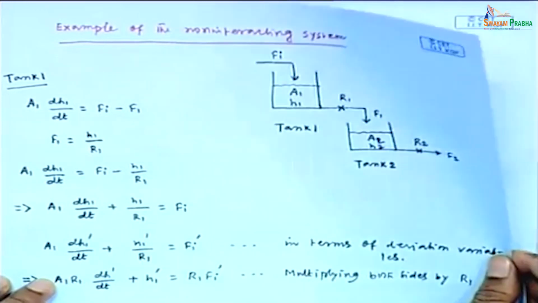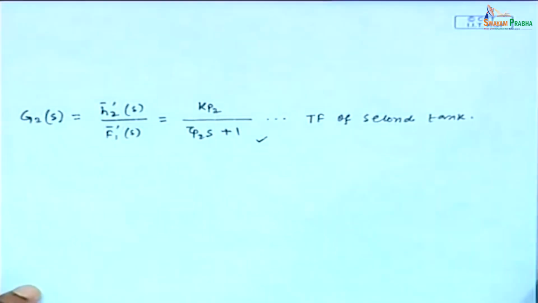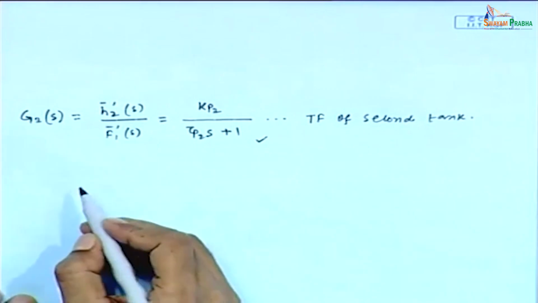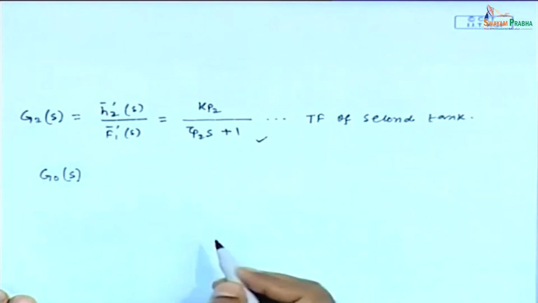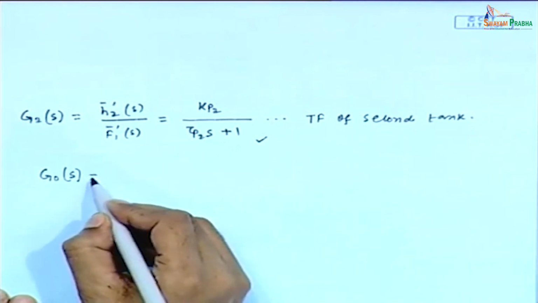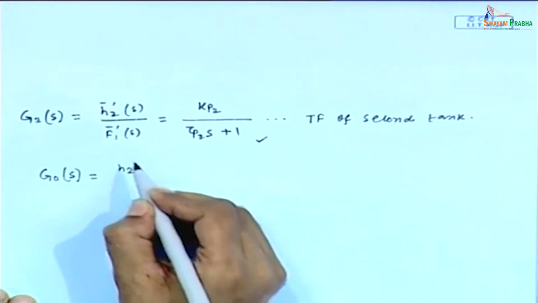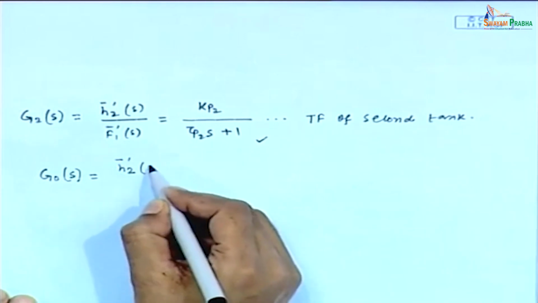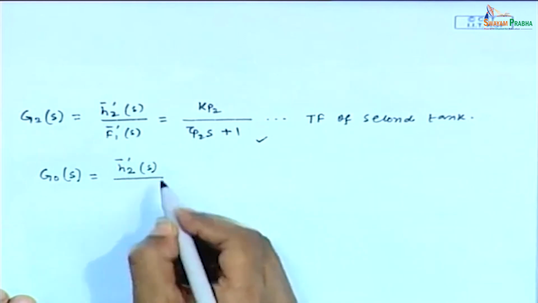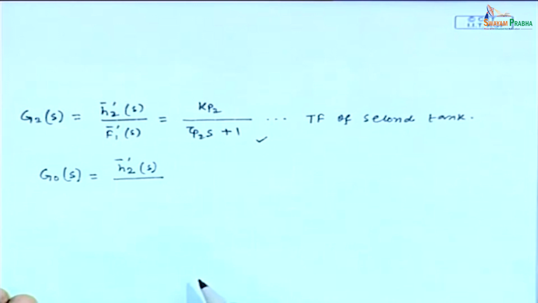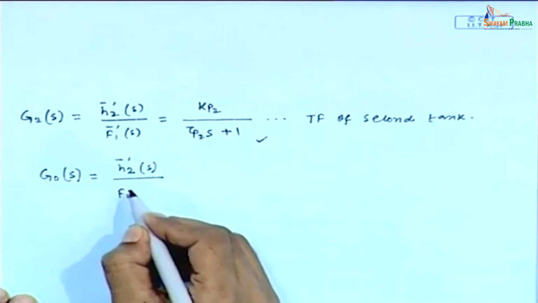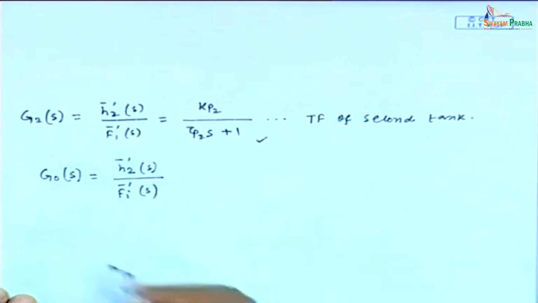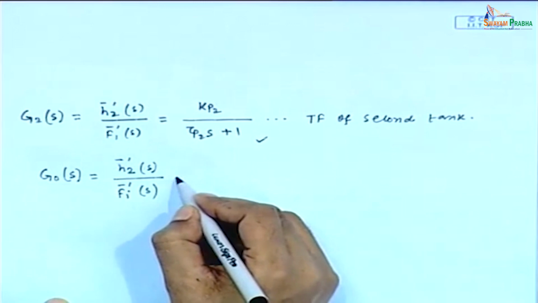The overall transfer function of this two tank system can be written Z naught(s) equals H2 bar prime(s), this is the output of tank 2, divided by the input to tank 1. This is the overall transfer function.